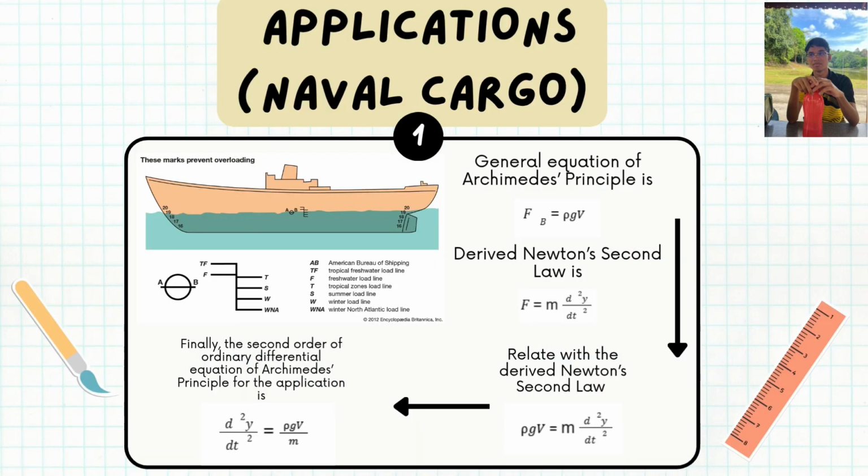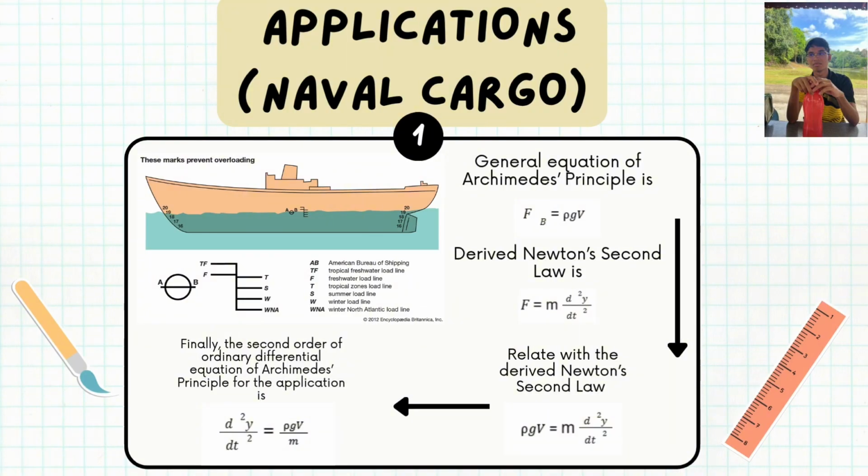The first one I will tell is the Archimedes focus part, which is the naval cargo. As you can see, the general equation is Fb, buoyant force, equals rho gV, and we can relate it with Newton's second law, which we got earlier, F equals m d square y over dt square.